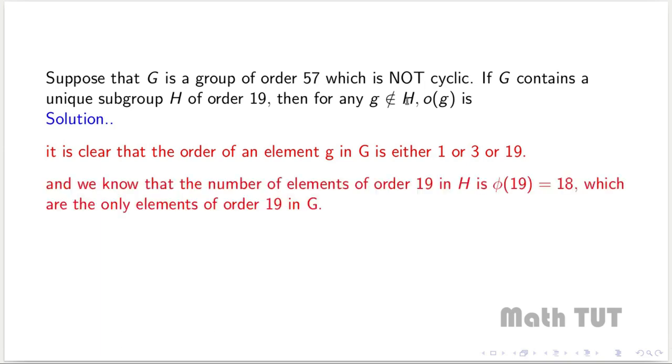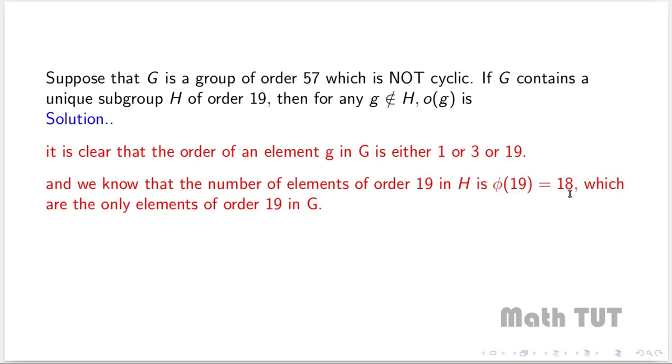The next observation is that the elements of order 19 are going to be in H. The number of elements of order 19 is going to be phi of 19, that is 18. In fact, these are the only elements of order 19 in G. Since 19 is a prime number, phi of p is exactly p minus 1.